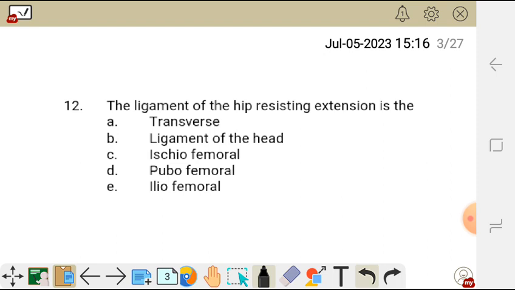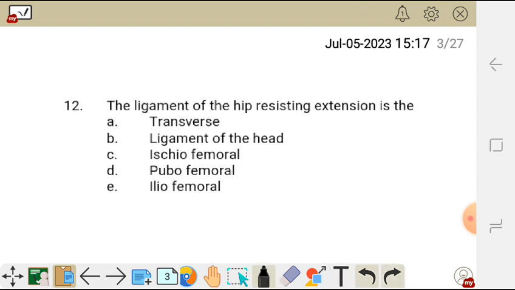The ligament of the hip resisting extension is the A. The transverse, B. Ligament of the head, C. Ischiofemoral, D. Pubofemoral, and E. Iliofemoral.